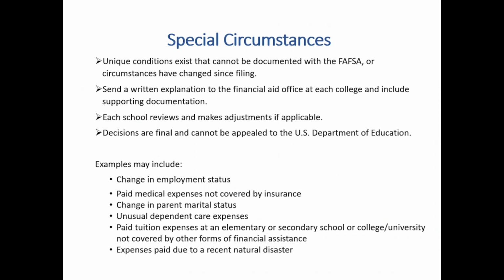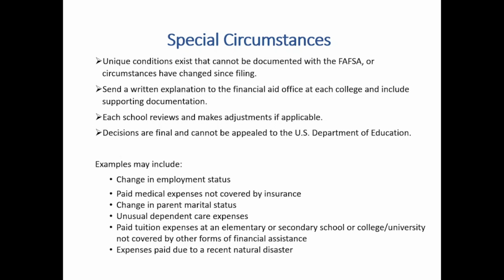Special circumstances are unique conditions that do not get calculated on the FAFSA. For example, maybe a parent had a change in employment status from 2023 and it's 24-25, and maybe you've lost your job, or maybe you have a reduction of income.